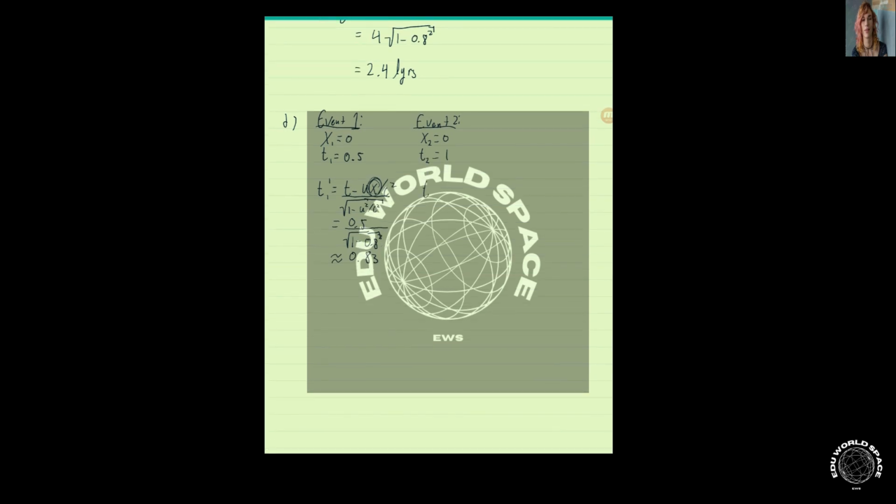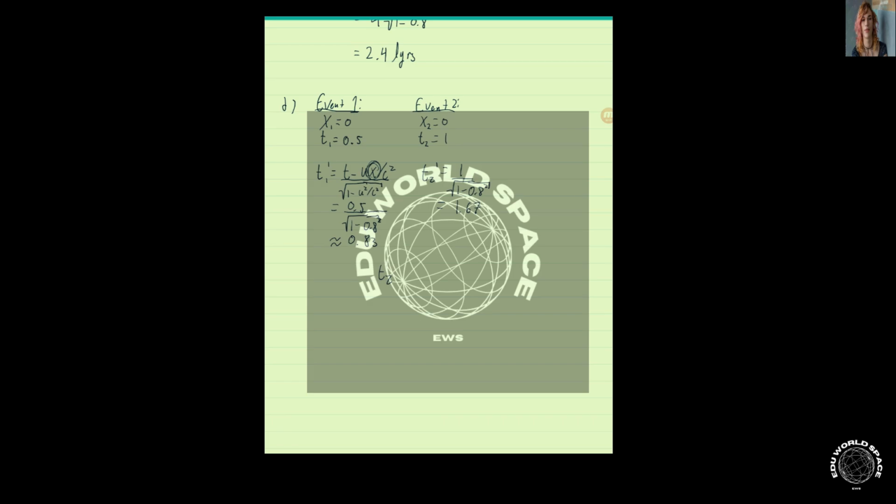Then for event 2, t2 prime, we'll have 1 divided by the square root of 1 minus 0.8 squared, which is about 1.67. So t2 prime minus t1 prime is going to equal 1.67 minus 0.83, which equals 0.84.